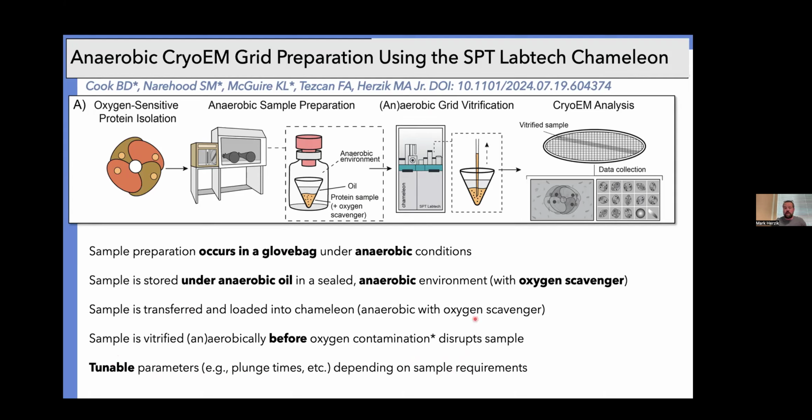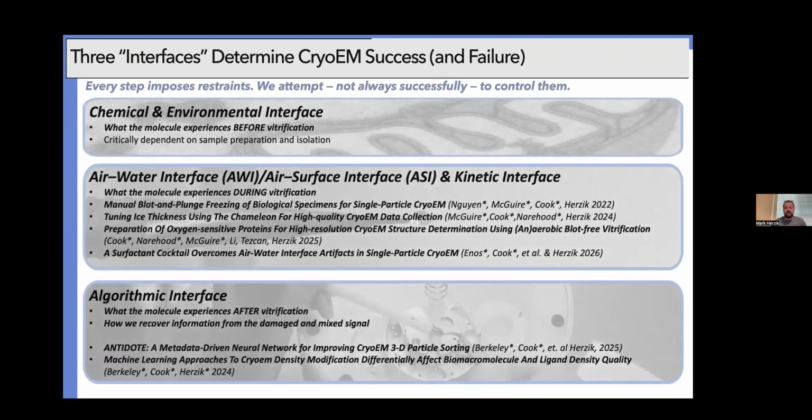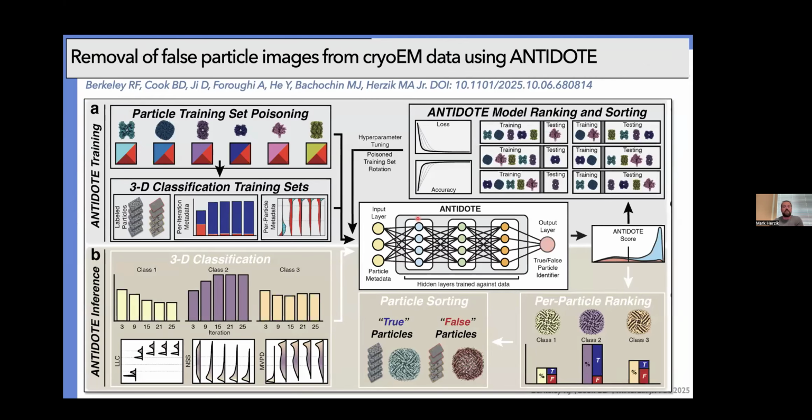Now, the last thing I want to touch on is the algorithmic interface because I still think there's a lot of avenues here, and we have an interesting approach that I want to get feedback on from the community. So one of the things that we noticed is that in 3D classification, if you get these bad particles into your 3D classification, they're really hard to get out.